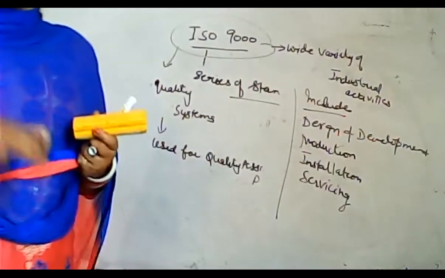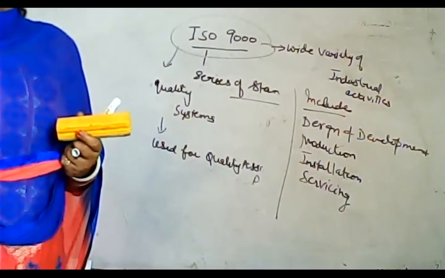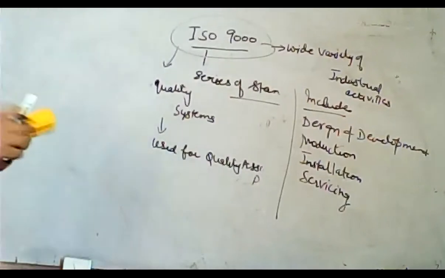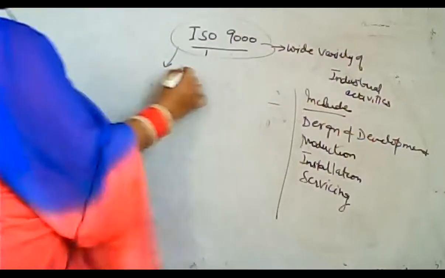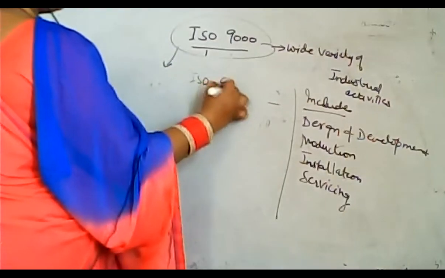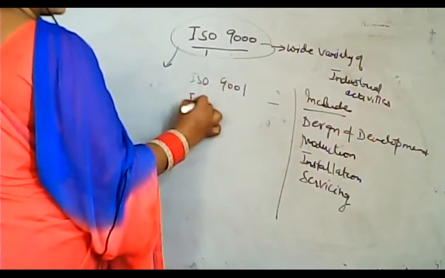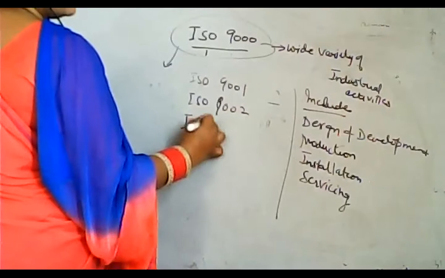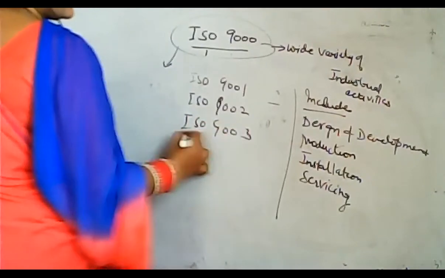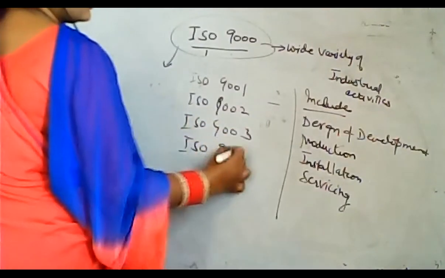Within the ISO 9000 series, there is ISO 9001, ISO 9002, ISO 9003, and ISO 9126.